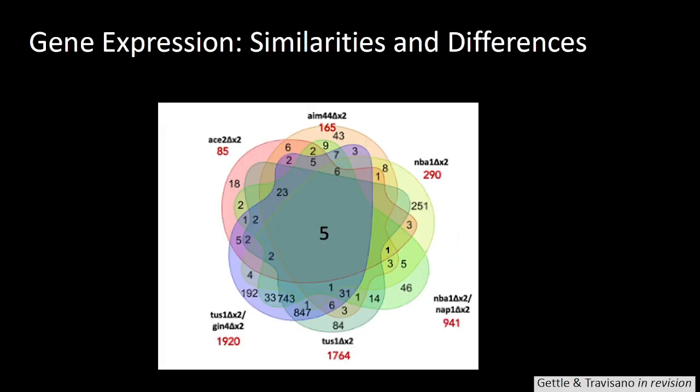And it turns out, if you look at the transcriptomes, so here are the transcriptomes of all of those, there are 5 genes whose expression is changed in all of them, but there's a tremendous number, up to thousands, that differ. So the similarities give you the snowflake, but all those other differences give you variation.